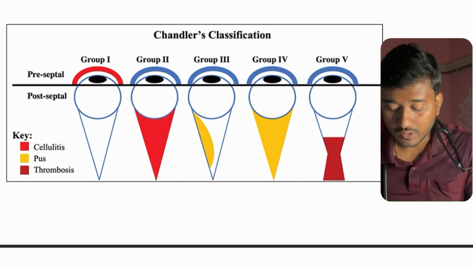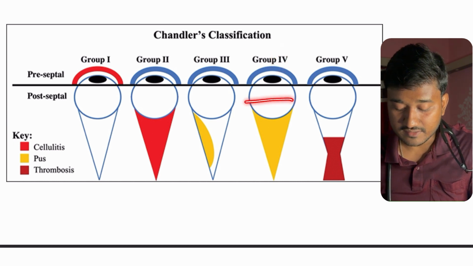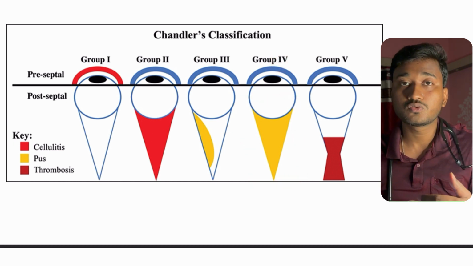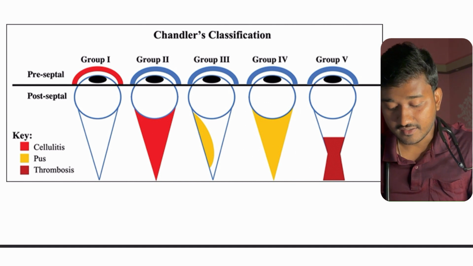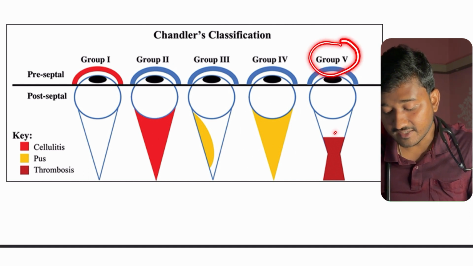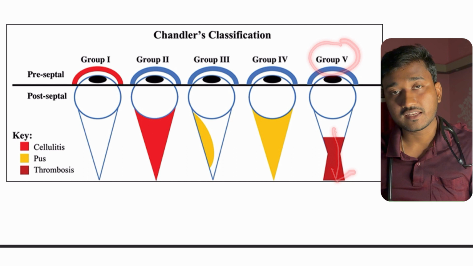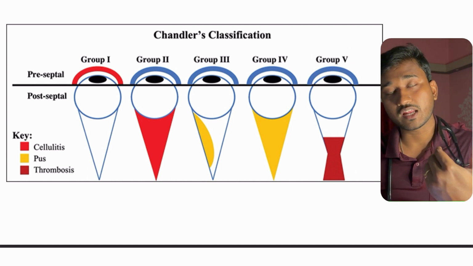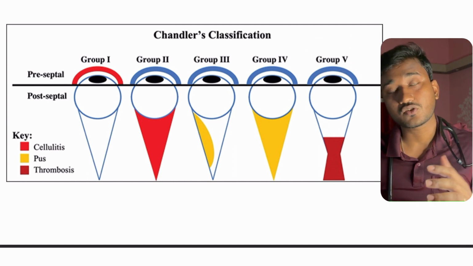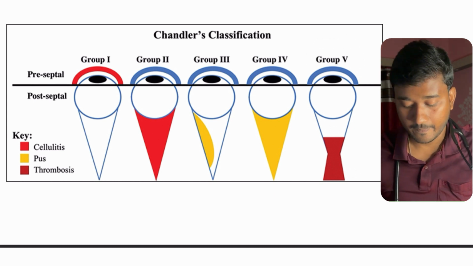In group 4 the infection and the pus spread throughout the orbit, and in group 5 the infection extends inward and goes to the cavernous sinus, causing cavernous sinus thrombosis.